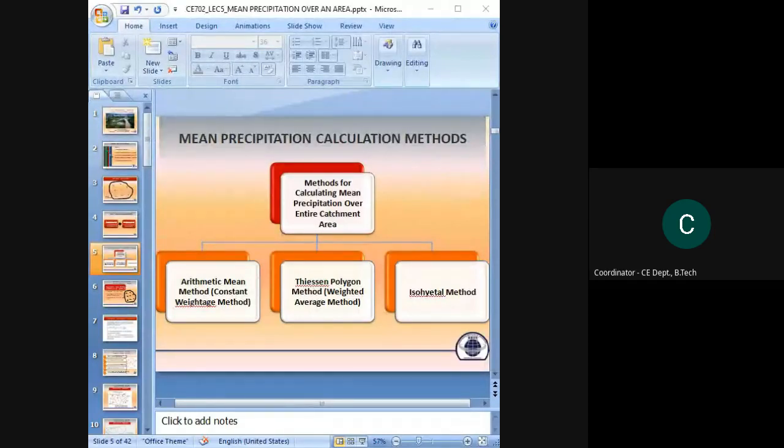Suppose this is the third rain gauge station, then this area is the polygon area for this particular station. So we have to estimate these polygon areas. That's why it is called the Thiessen polygon method.